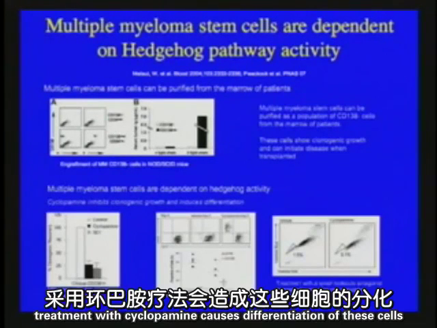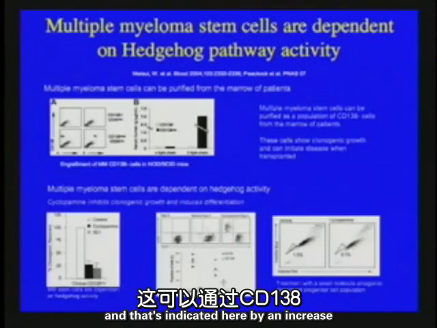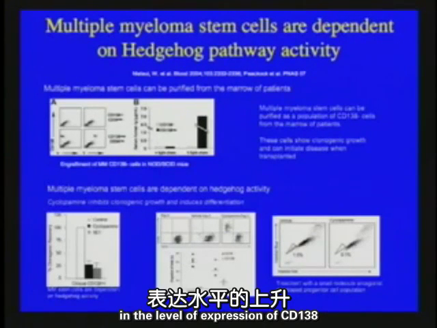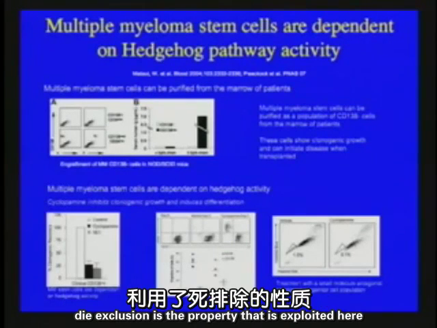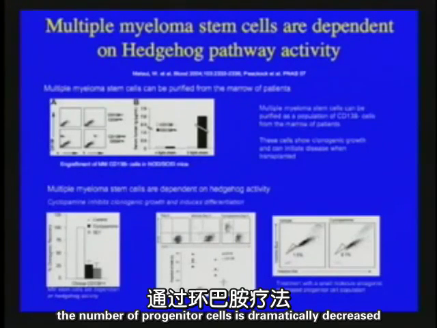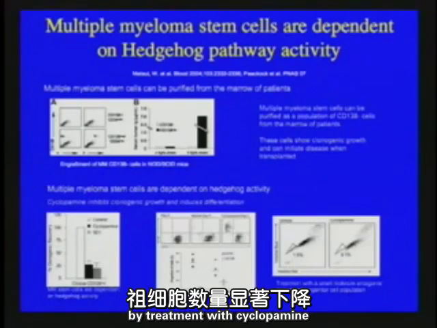And furthermore, treatment with cyclopamine causes differentiation of these cells, and that's indicated here by an increase in level of expression of CD138, and also in this side population here, dye exclusion is the property that's exploited here. The number of progenitor cells is dramatically decreased by treatment with cyclopamine. Okay?